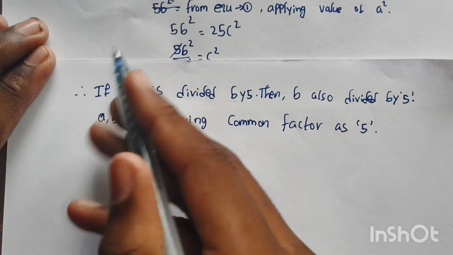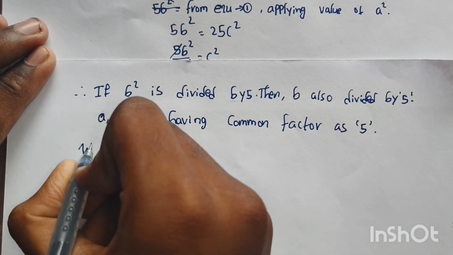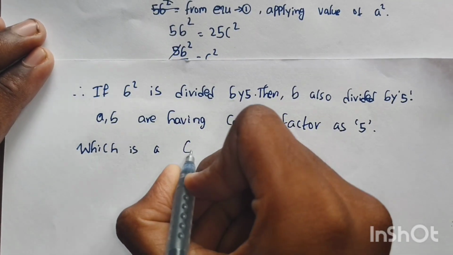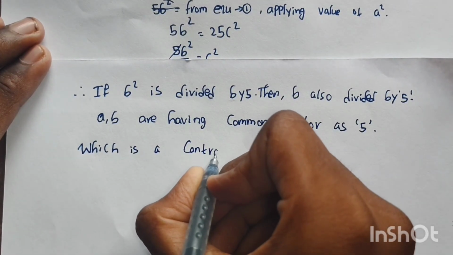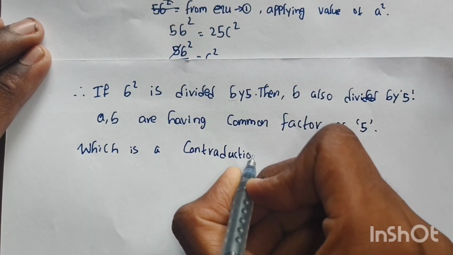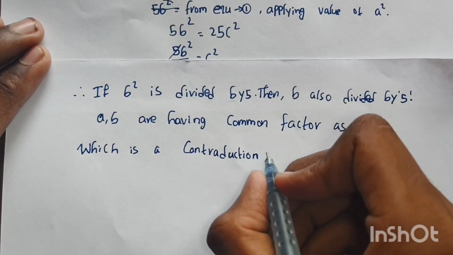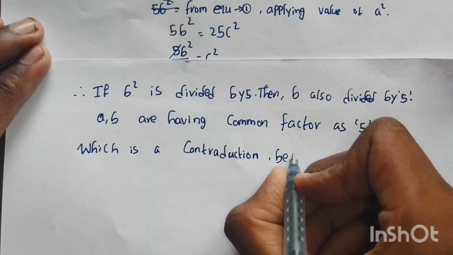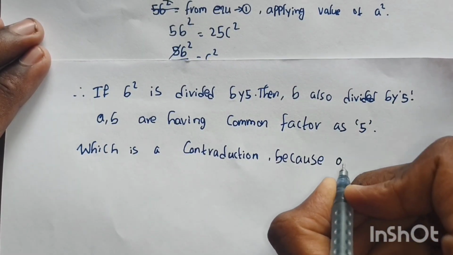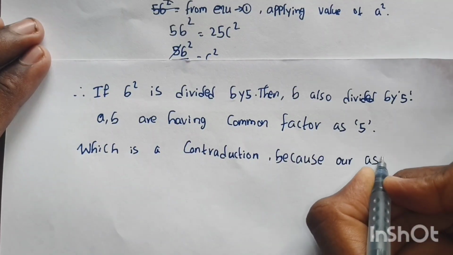We got that, which is a contradiction, because our assumption is wrong.